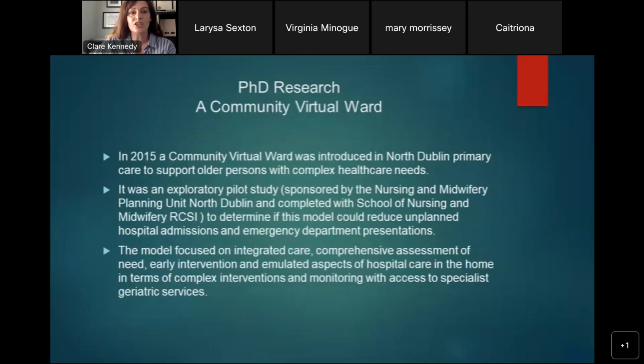And so my research looked at developing a community virtual ward model. This was introduced in North Dublin. It was predominantly focused on admission avoidance and to support older people with complex health and social care needs at home.